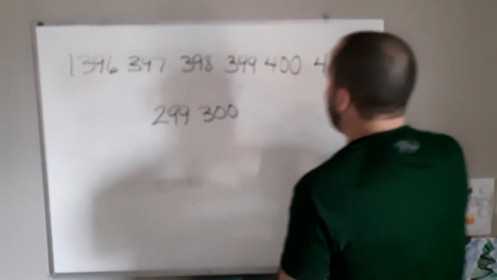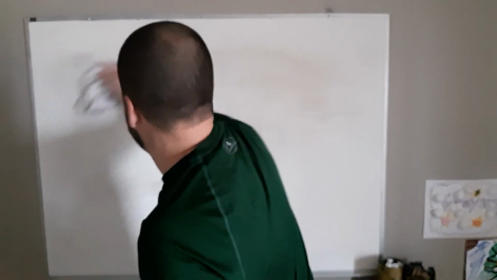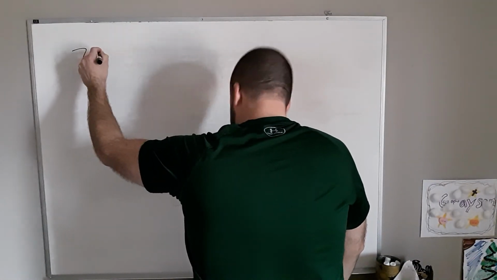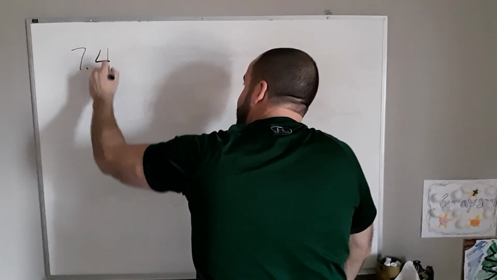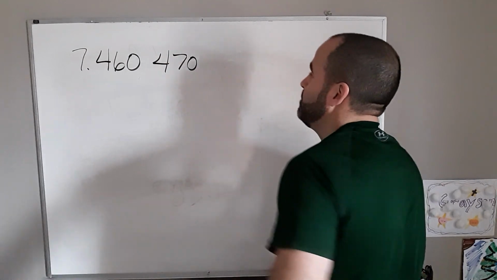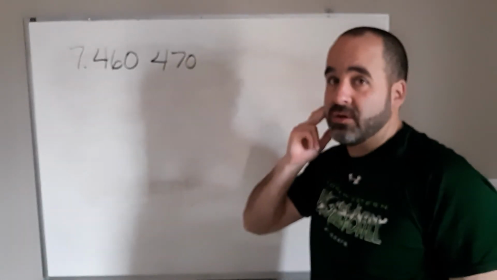Now, when you're counting by tens, down towards the bottom of the page, beginning with, I think it's number 7, it says 460, 470. Now I don't need to worry about the ones place. We're just counting by 10, so I can almost skip this.